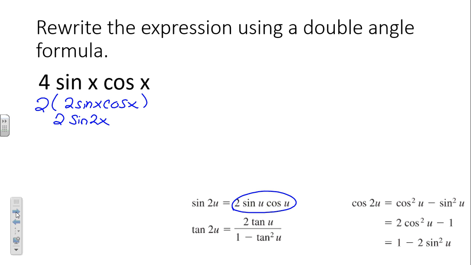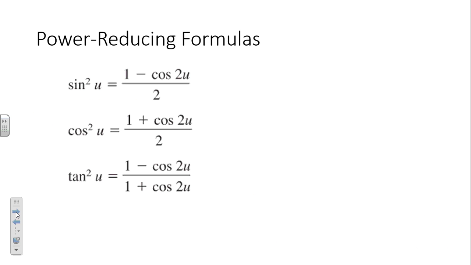All right, the last type of problem involves power reducing. If you have something like sine squared of x and you want to reduce that power to make it a plain old sine of x, no more squared, then you use a power reducing formula. And again, these will be supplied for you on your test.